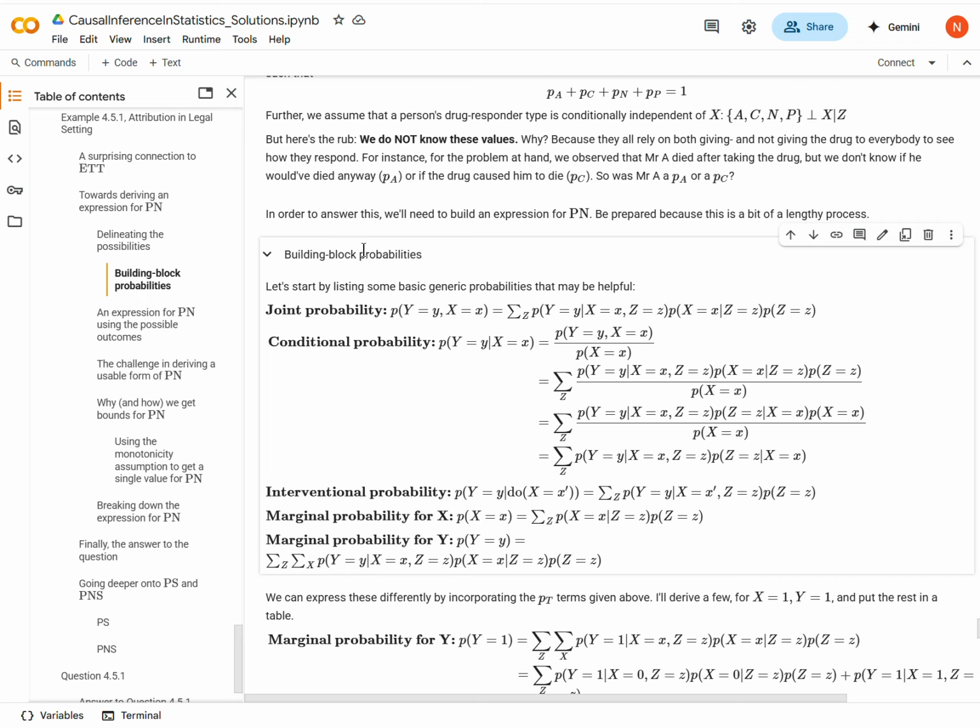Okay. And so I encourage you to look at this block right here and just get the feel for how we would construct these different types of probabilities given x, y, and z, and how we can, again, use marginalization over select variables to get just probability of y or just probability of x and y.